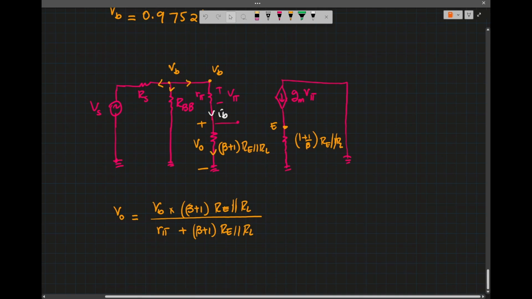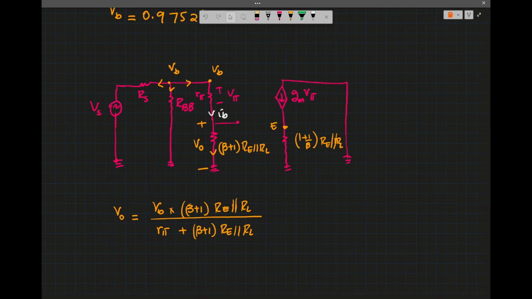So we know what VB is equal to, right? So I think I also calculated this, that gives me 0.9835 VB.